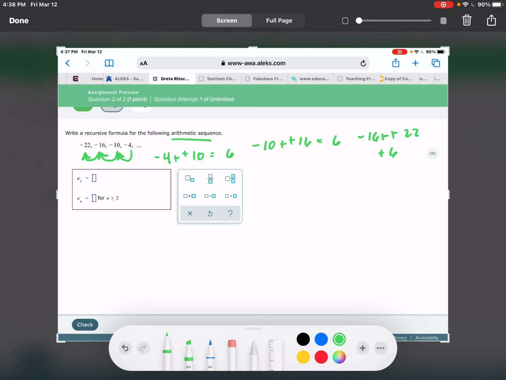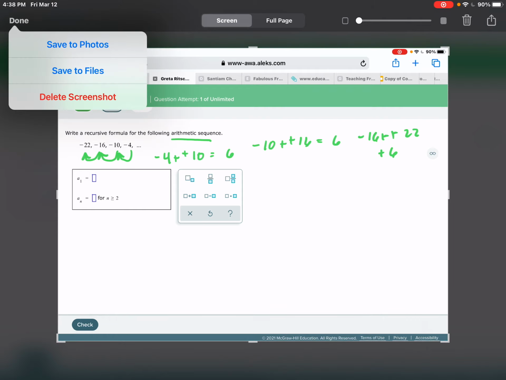So we know that every time we're going to add 6, and so we're just going to write a formula for that. Let me go back to the answer here.